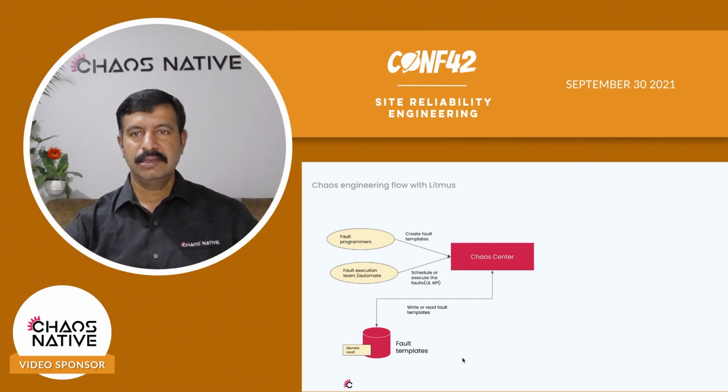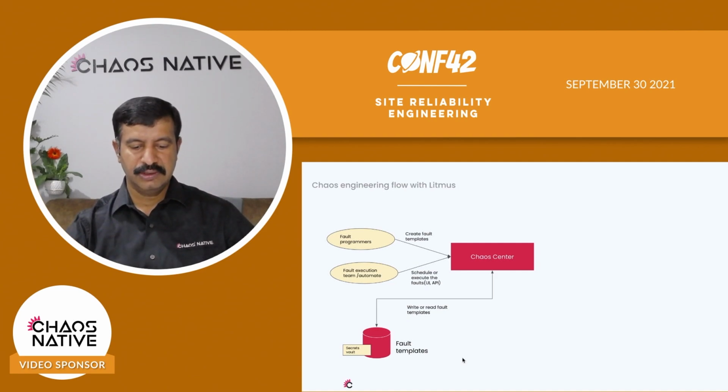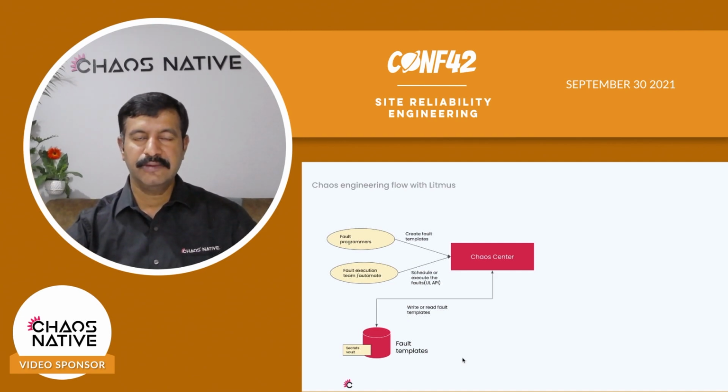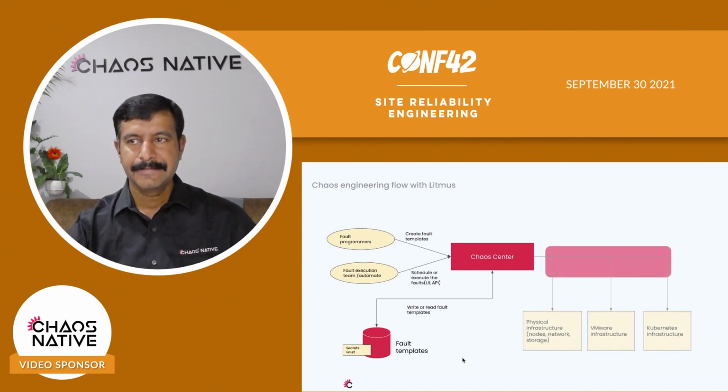And you will have a certain team of people who will be writing both chaos experiments or chaos workflows, and there will be a certain set of members who would be either just viewing what's happening or scheduling such chaos workflows. So Chaos Center allows everybody to collaborate and work together like in any other typical dev environment.